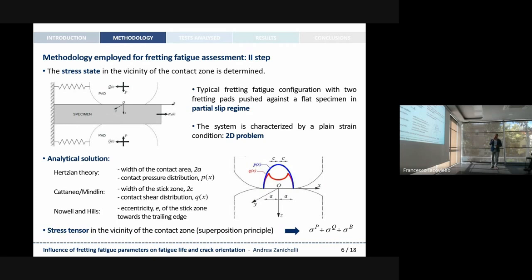For this situation, analytical solutions are available, and accordingly, the stress tensor in the vicinity of the contact zone is computed by superimposing the stress components coming from the compressive load, the tangential load, and the cyclic axial load in the specimen.